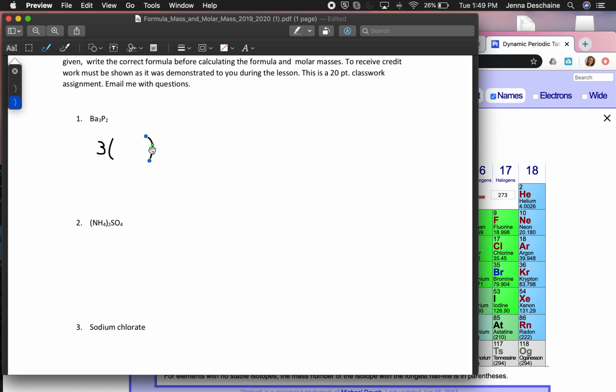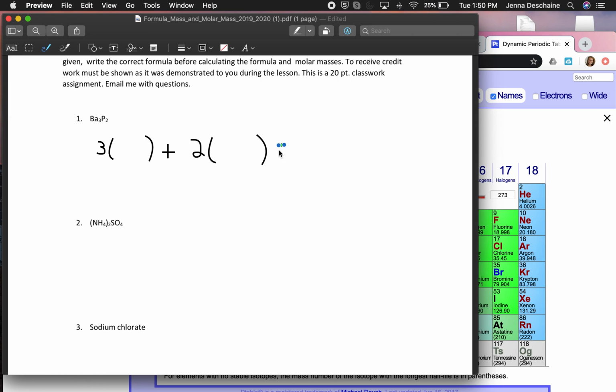And that's where the atomic mass or the molar mass is going to go. Remember, the atomic mass and the molar mass are the exact same thing. Exact same number, they just have different units, okay? And then I'm going to add it to 2, because I have 2 phosphorus atoms, times whatever mass we have there, okay?